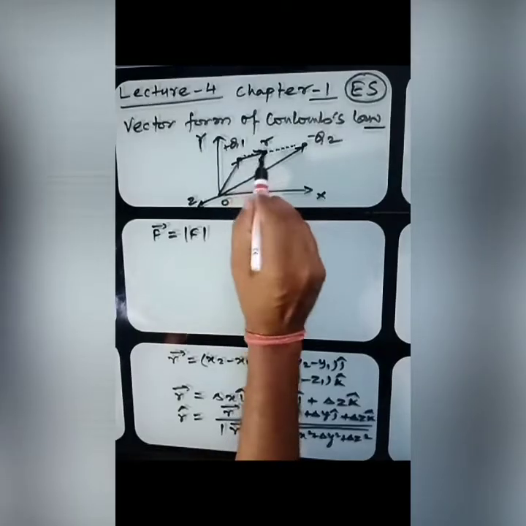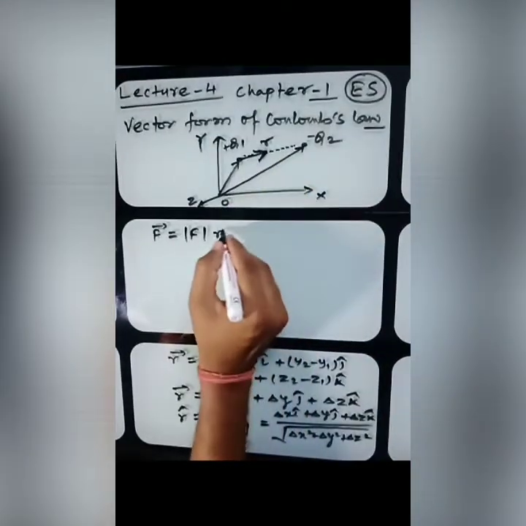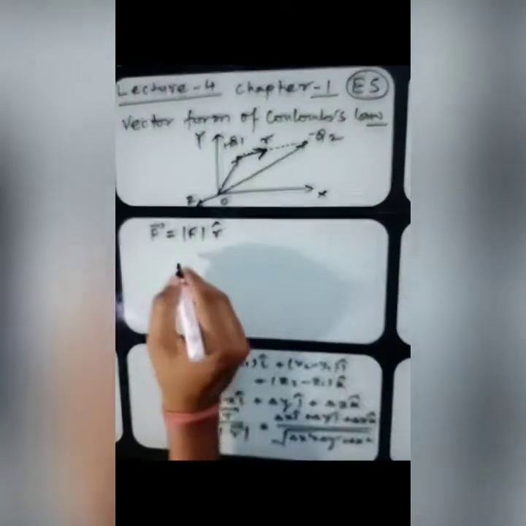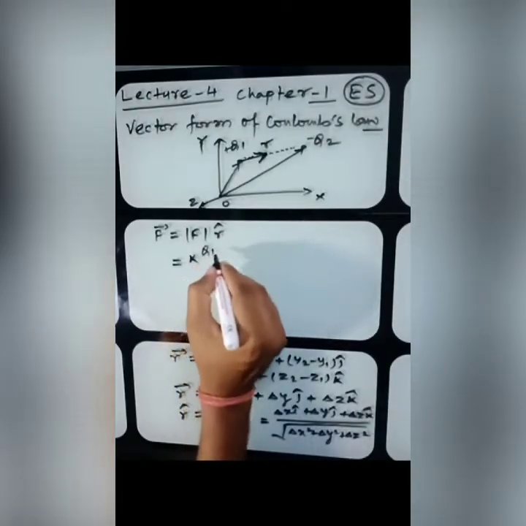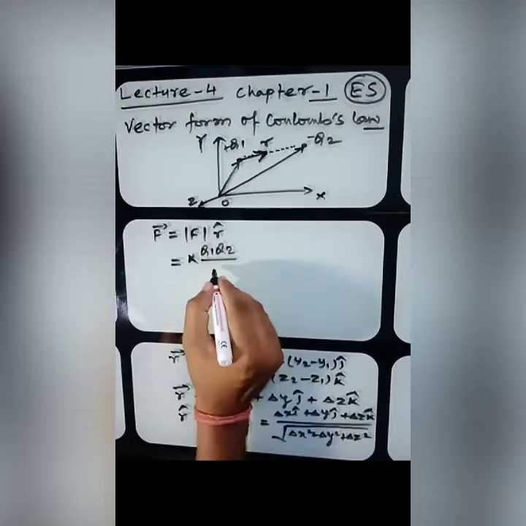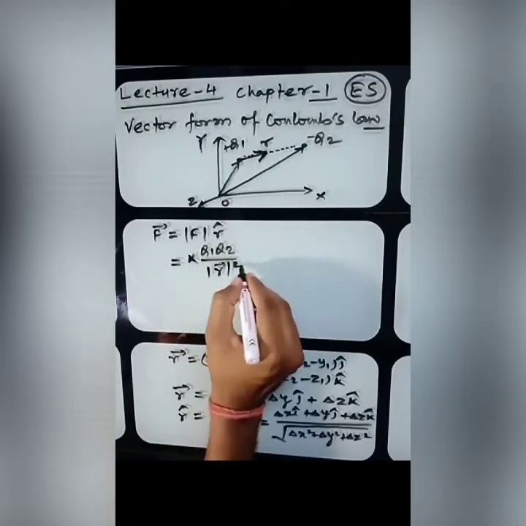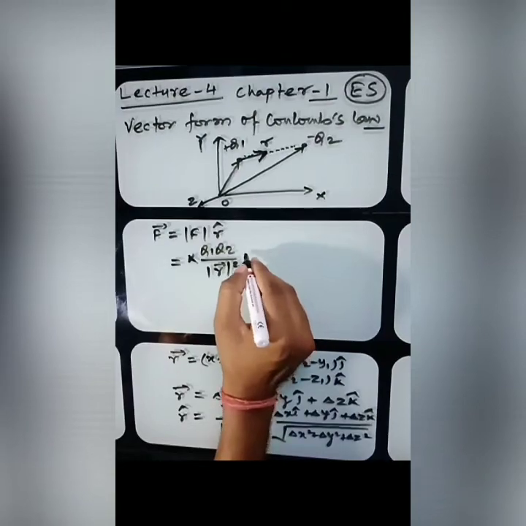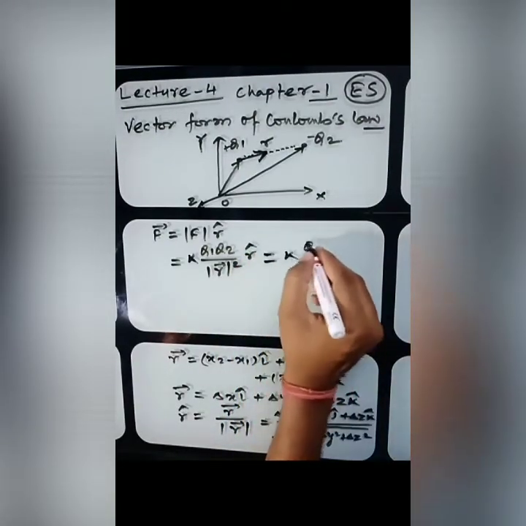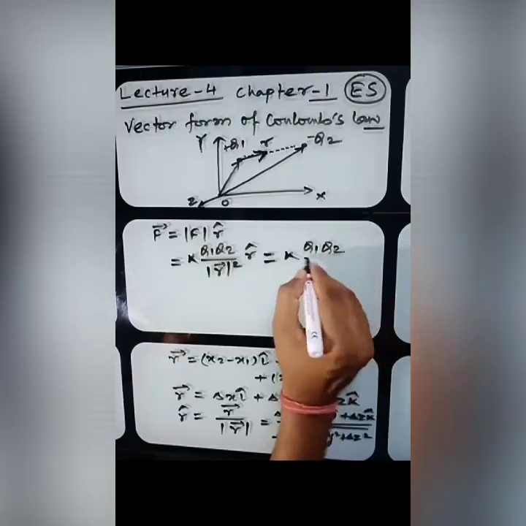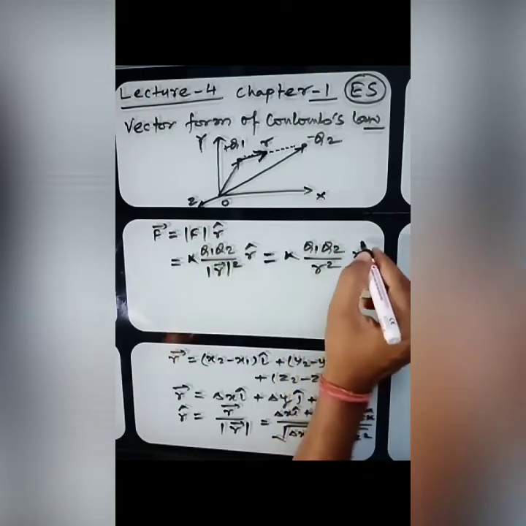The direction of force is along the r cap. The magnitude is nothing but k Q1 Q2 by r square, times unit vector r. This can also be written as k Q1 Q2 over r square r cap.